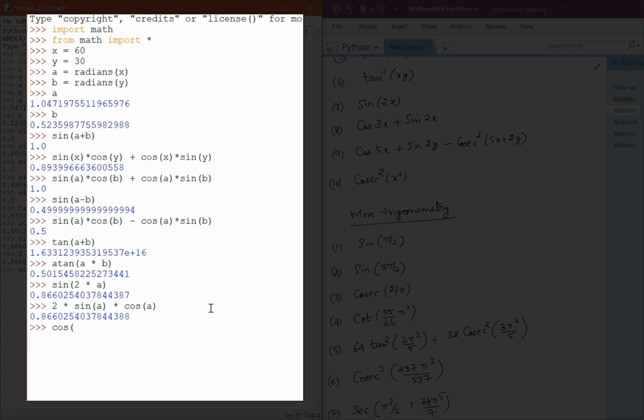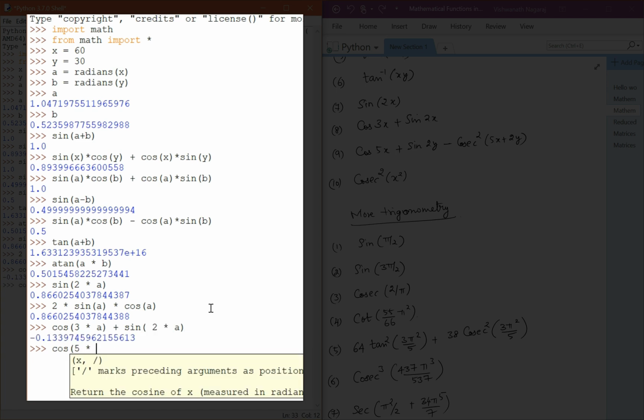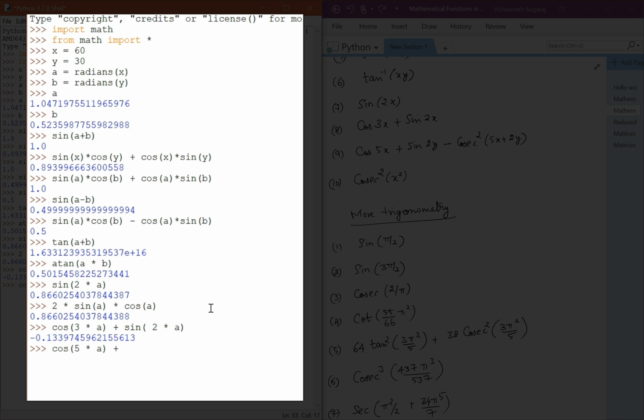Okay, cos 3A, 3 times A, not x, plus sine 2 times A, cos 5 times A plus sine 2 times y, minus cosec.